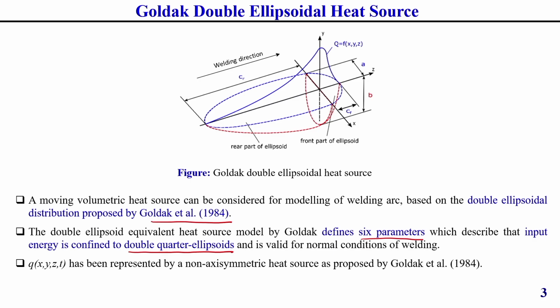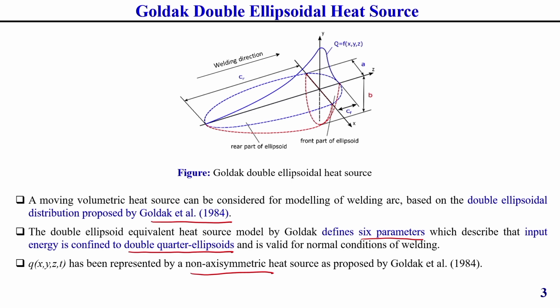How that is, I will also discuss. It is generally valid for normal conditions of welding. And this heat source is a non-axisymmetric heat source. You should also keep this in mind. Why non-axisymmetric, that I will also discuss.